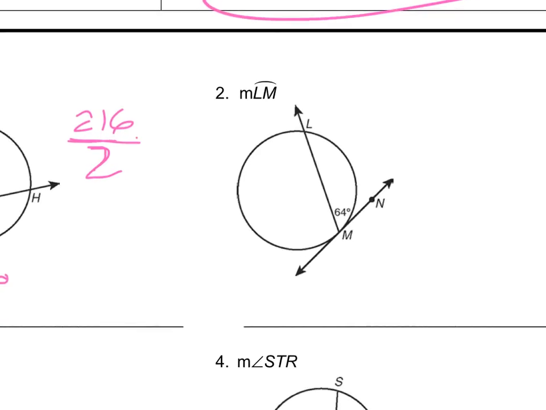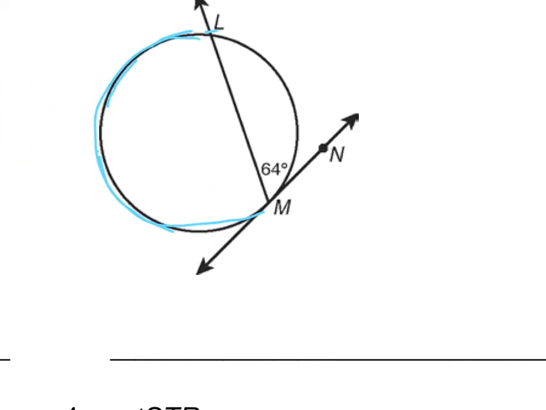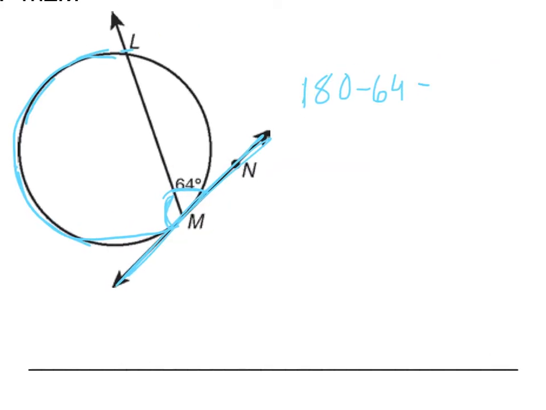Next one, we're looking for arc LM. So we're looking for this arc here. So we need to know what this angle is, and we know that this angle plus 64 is going to add up to 180 because this is a straight line. So if we do 180 minus 64, we get our angle that we need, which is 116.